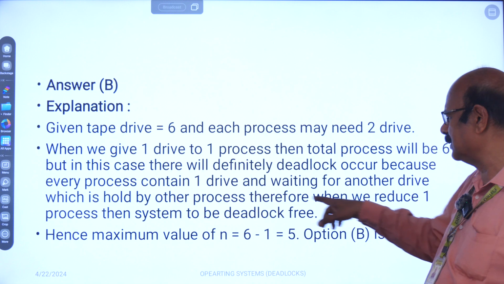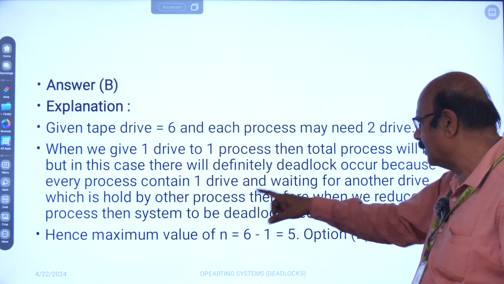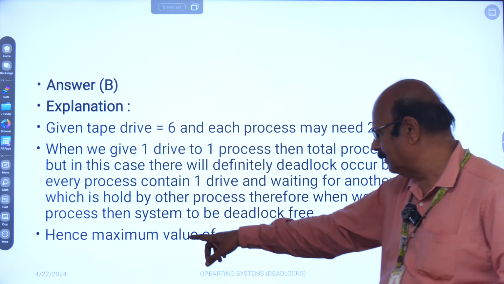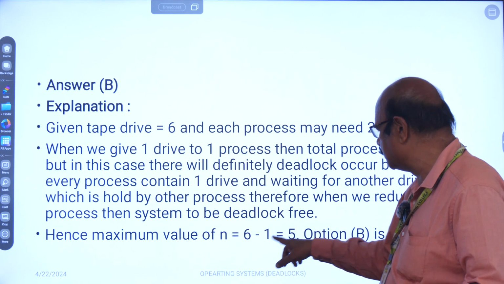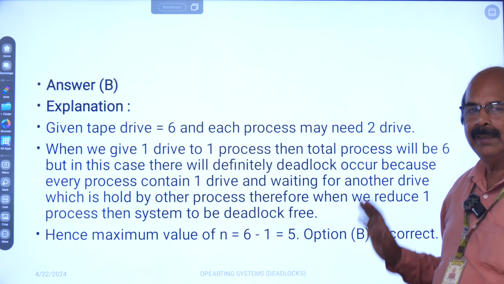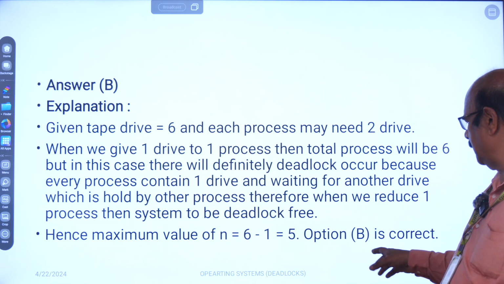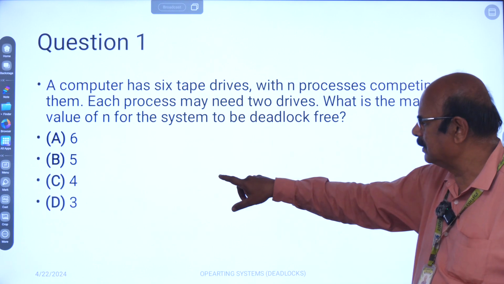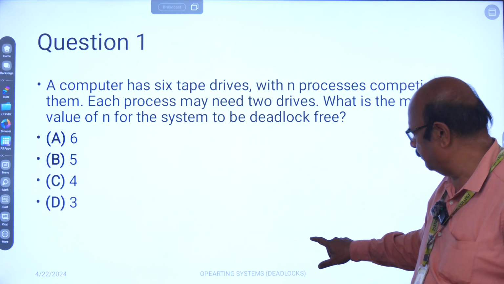Therefore, when we reduce one process, the system is deadlock free. So the maximum value of n is 6 minus 1, which is 5. With 5 processes it will be deadlock free. So option B is the correct answer, 5.